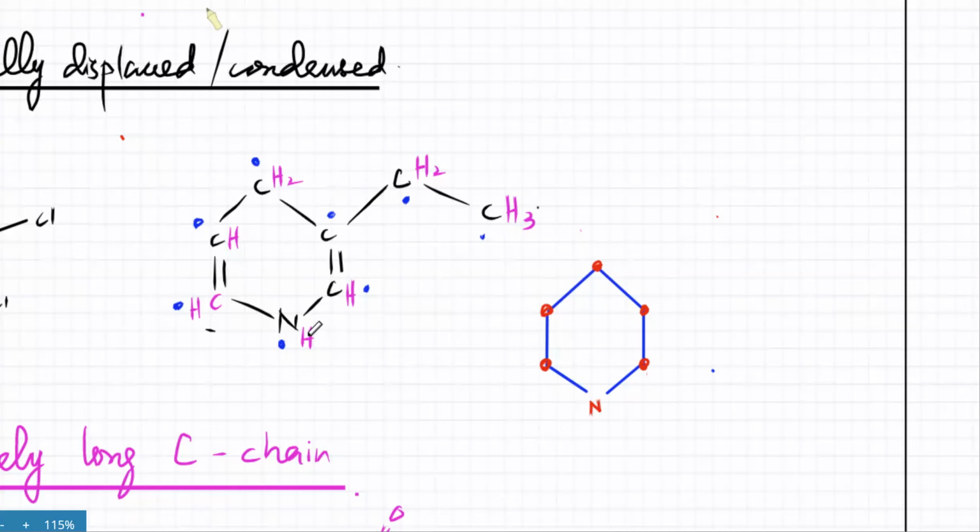You're going to show the N. Between these two, there's a double bond, and then there are 2 dots over here, so 1 and 2. That's how you draw the skeletal formula. That's 1, 2, 3, 4, 5.